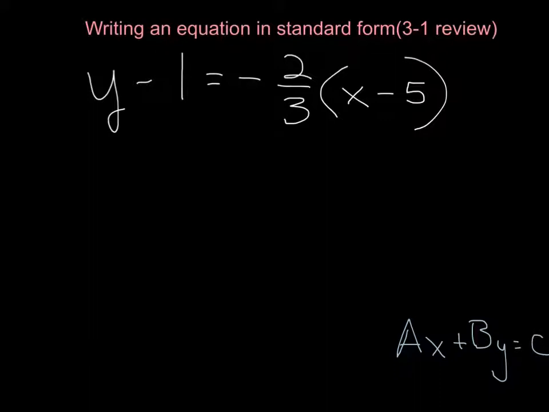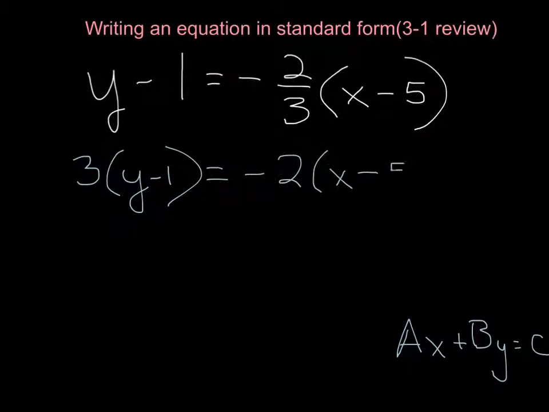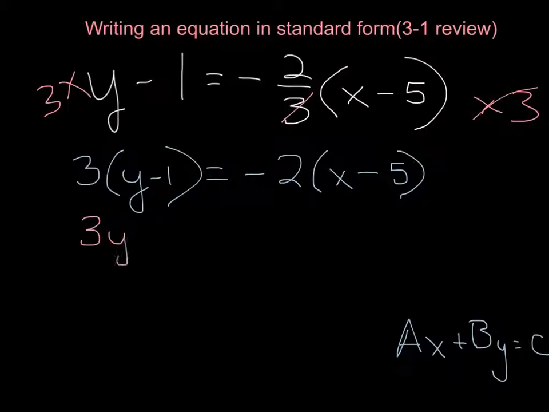That's just a reminder. So you're going to multiply both sides by 3, which is going to give you 3 times y minus 1 equals negative 2 times x minus 5. That was multiplying both sides by 3, and that's to get rid of the denominator here. Then you are going to distribute your numbers. You're going to have 3y minus 3 equals negative 2x plus 10.